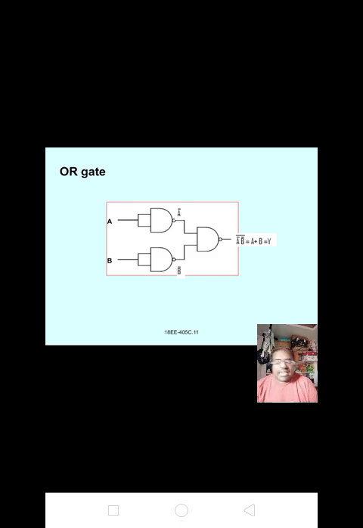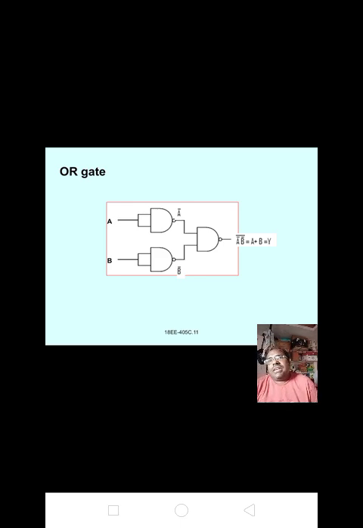Here is the OR gate realization using NAND gates only, that is, we are taking 3 NAND gates. For the first 2 NAND gates we insert only one single input: for the first NAND gate we give the A input, and for the second NAND gate we give the B input.